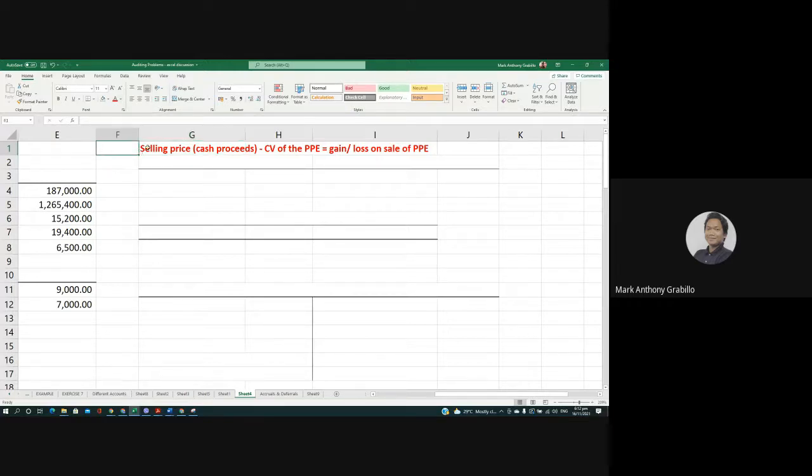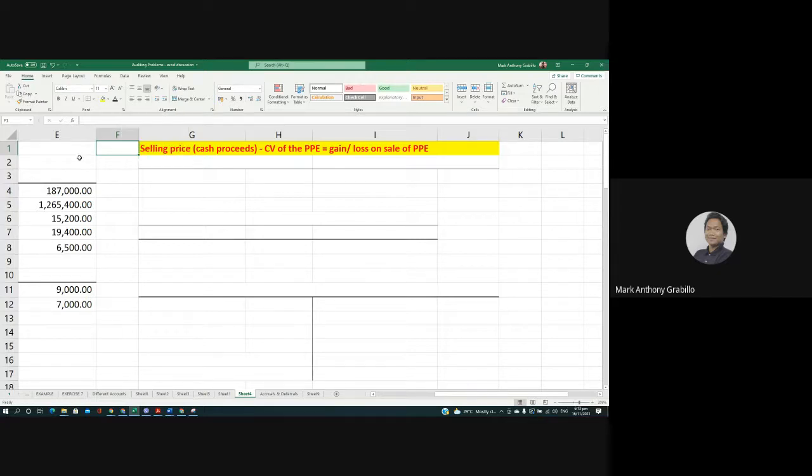So, from the selling price, you have to deduct the carrying value or the book value of the property, plant, and equipment in order for us to obtain the gain or loss on sale of equipment. How do we say that there is a gain on sale of property, plant, and equipment?